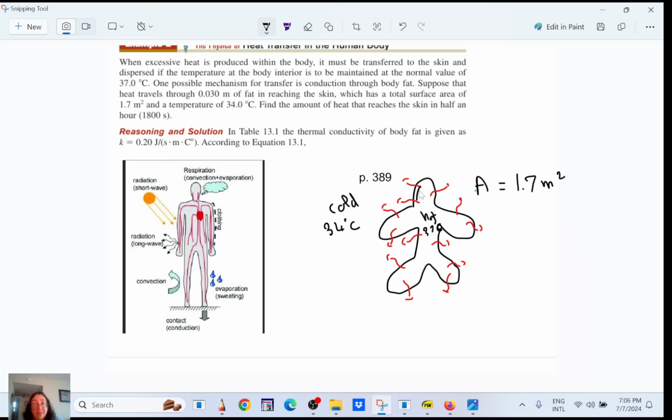So anyway, the fat. You have a layer of fat here, and that layer of fat is 0.03 meters.